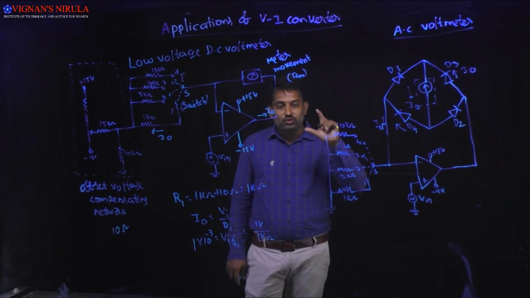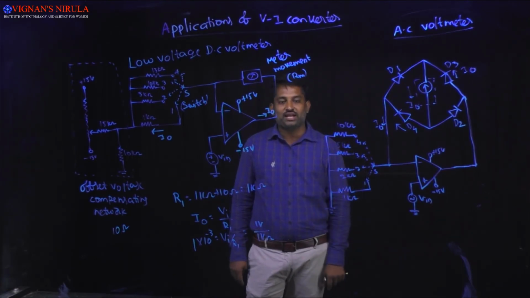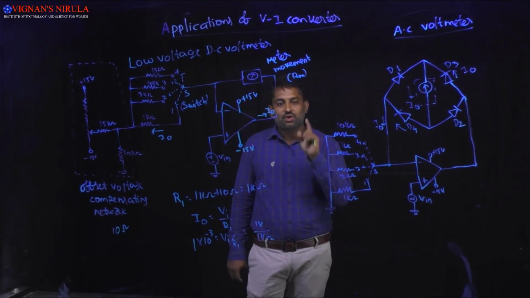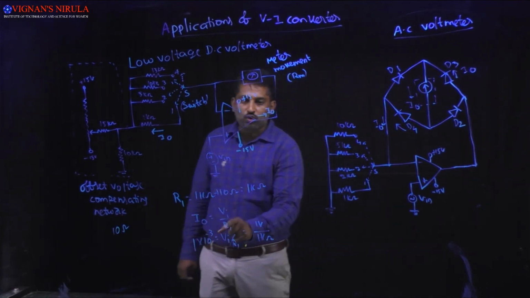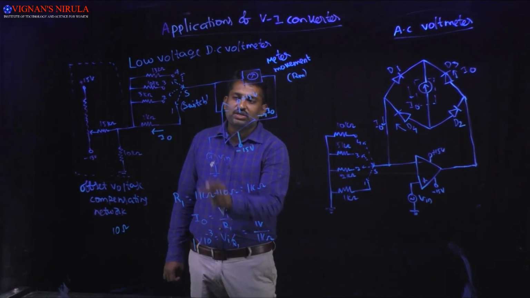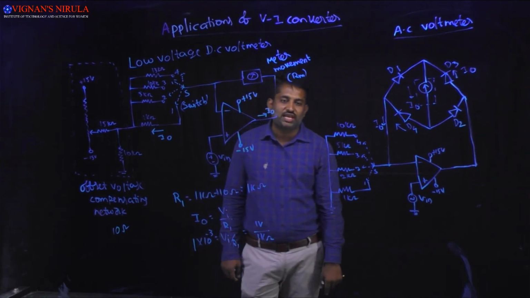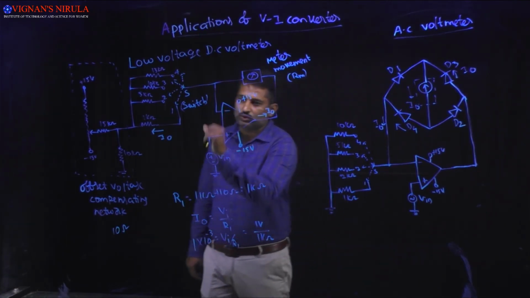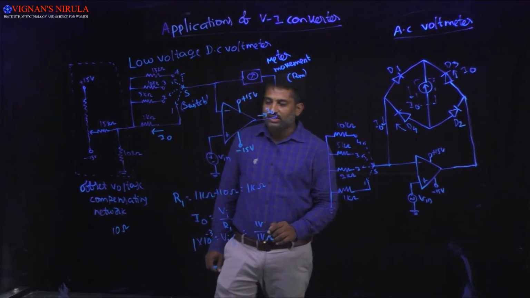So if the full scale deflection of the current is 1 milliampere, for that we require 1 volt of input voltage if the switch position is at 1. Suppose you connect the switch position at 2, okay, then what happened?